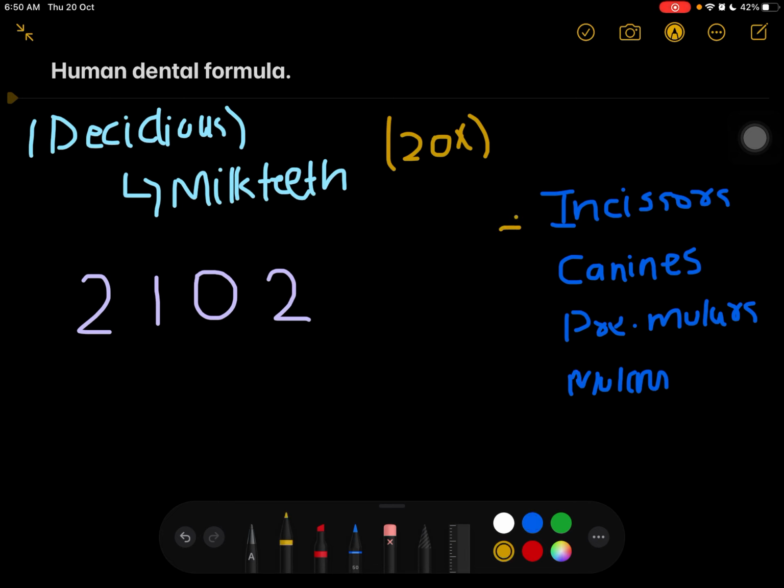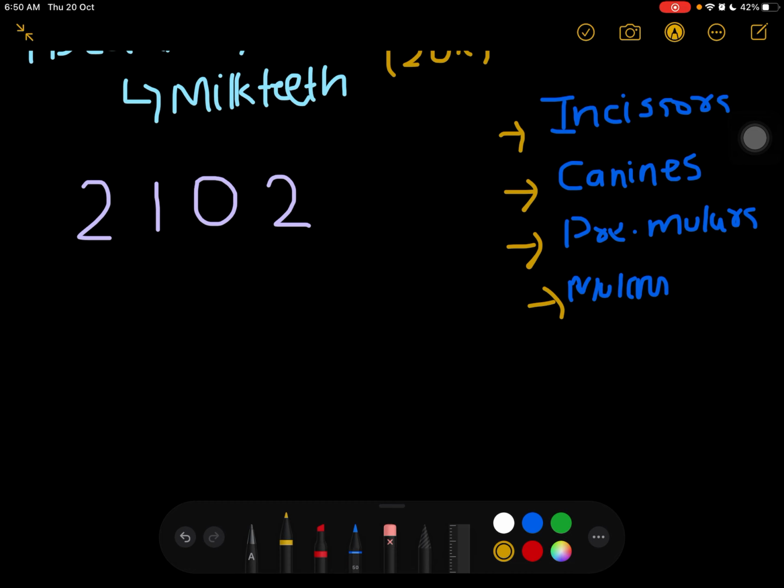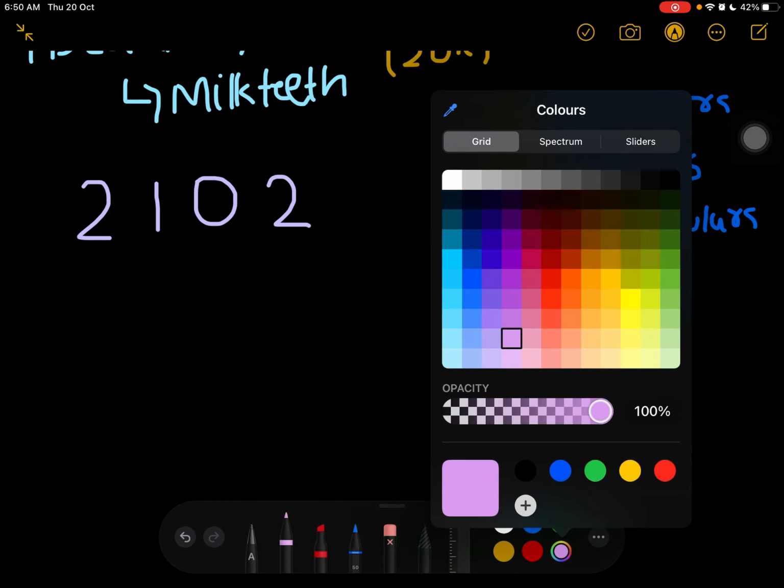Incisors, canines, premolars, and molars. So you have to learn that in this one sequence.